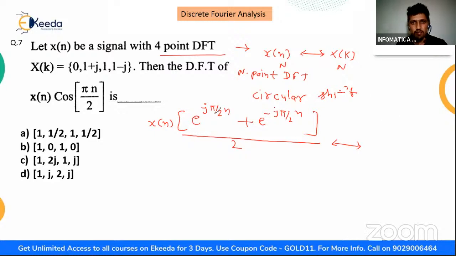Here you have to replace 2 pi by N, then you will know that the shift is... let me just write one more step.